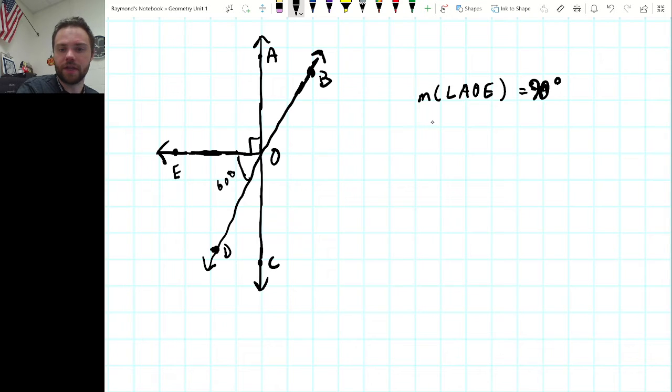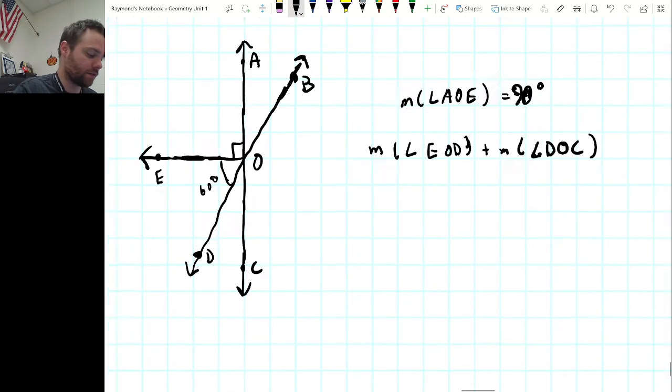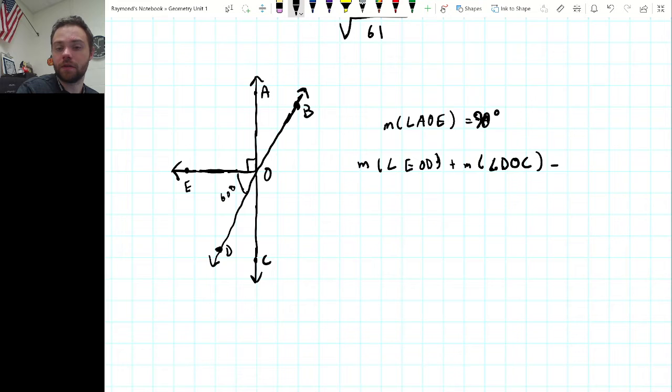This tells me that the measure of angle EOD plus the measure of angle DOC, so EOD, 60 degrees, plus this one, DOC, has to equal 90 degrees.